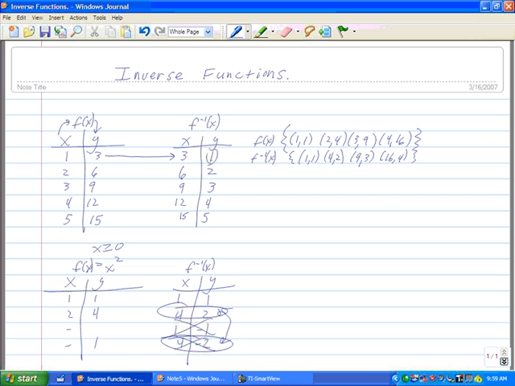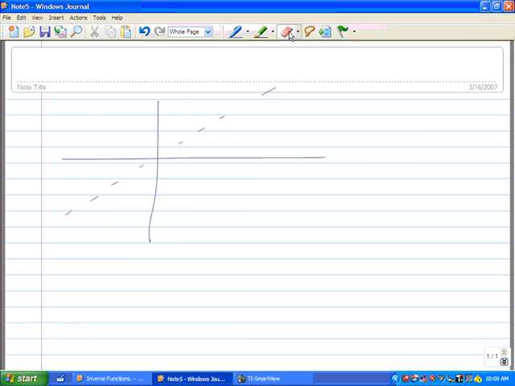Now, to find this inverse algebraically, you've got to remember what's happening. From the original function to its inverse, x's are trading places with y's, y's are trading places with x's. So, algebraically, that's exactly what we will do. We will exchange y for x and x for y to find an inverse.